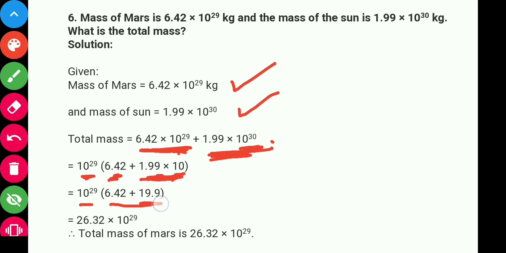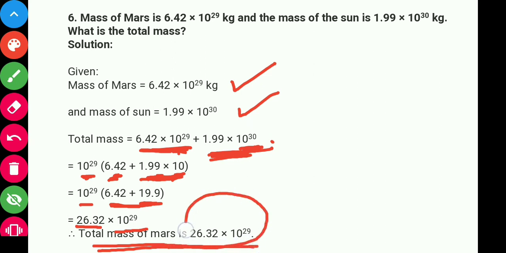Add these two numbers: when you add 6.42 plus 19.9, you will get 26.32 into 10 to the power 29. So here the total mass is 26.32 into 10 to the power 29. So here the total mass, okay, is this. I hope it is clear.